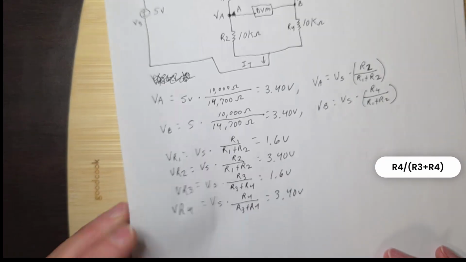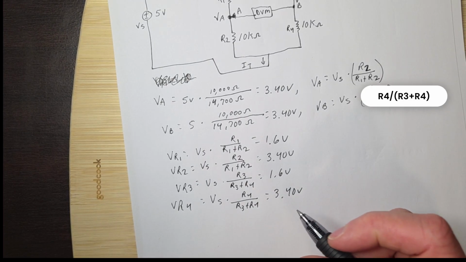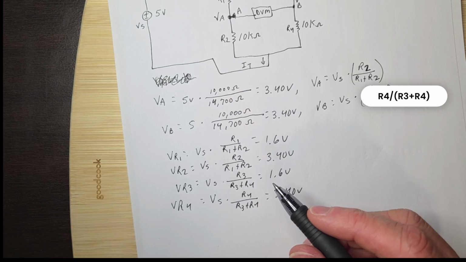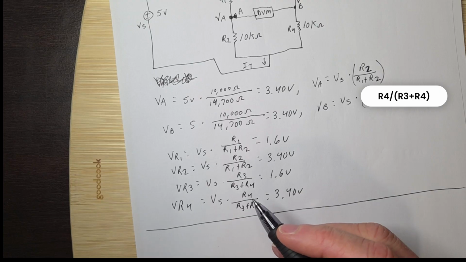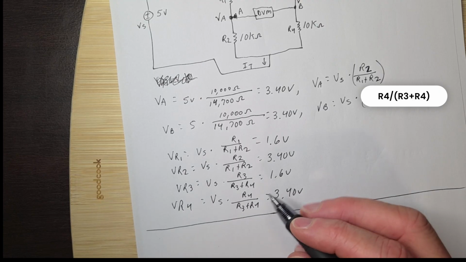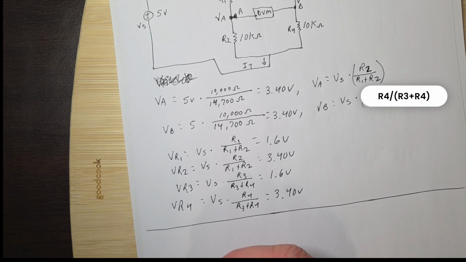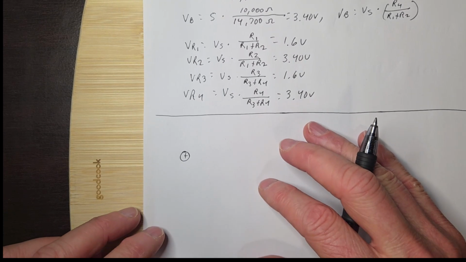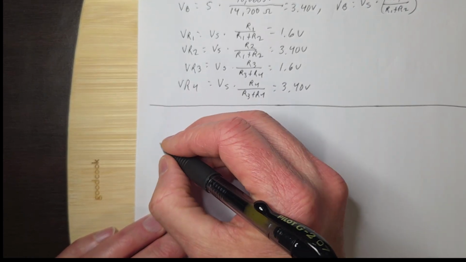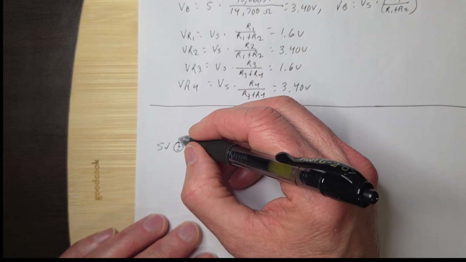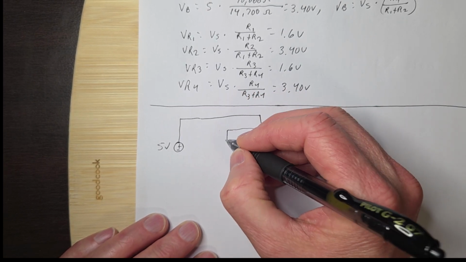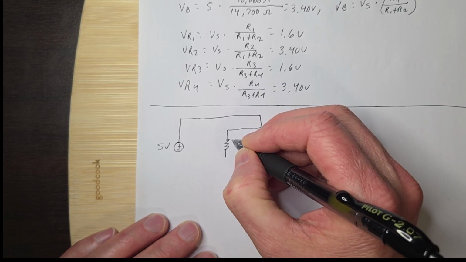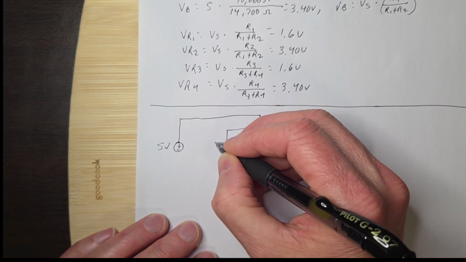So now what we're going to do in the lab, that's just one measurement, one thing we can do. The next thing we're going to try in the lab is we're going to take this circuit here, 5 volts, and we're going to leave the R1 at 4.7K ohms.